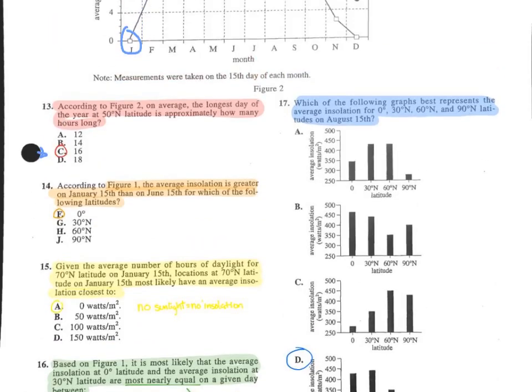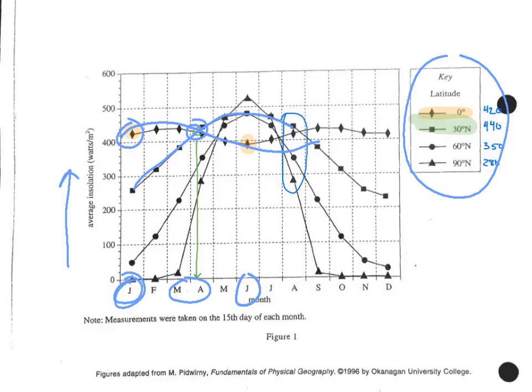For 17, which of the following graphs best represents the average insolation for 0, 30, 60, and 90 degrees north latitudes on August 15th? So for Figure 1, what you're looking at are these 4 points I have circled right here. I labeled them just so I could keep them in order, because you just read across and look at what the average insolation is.